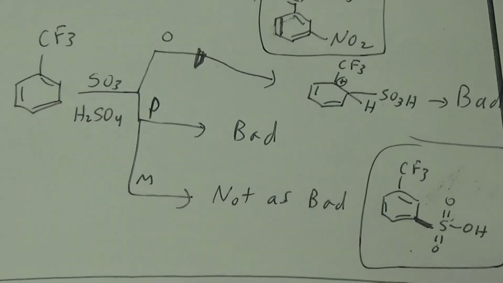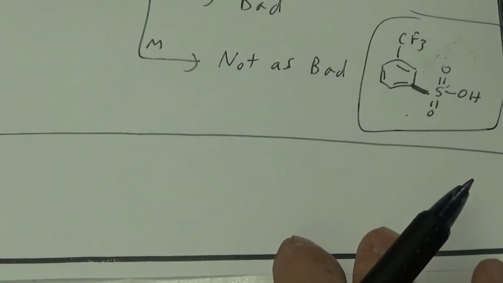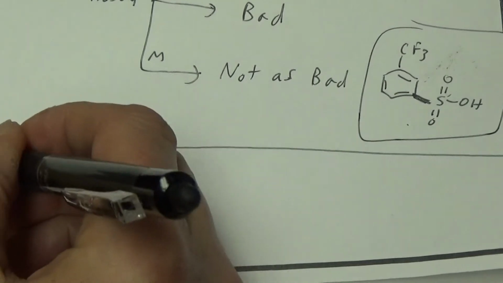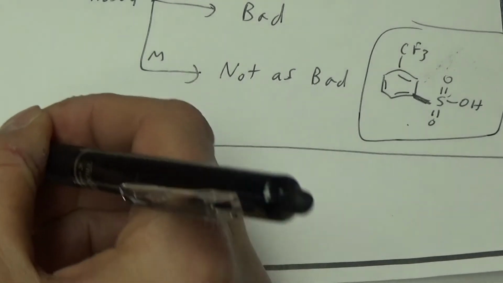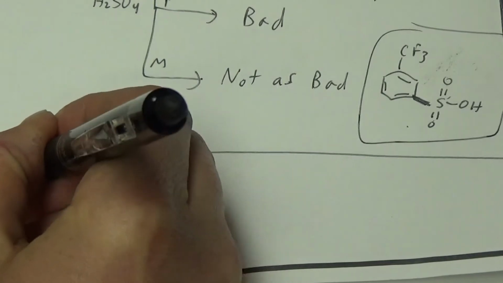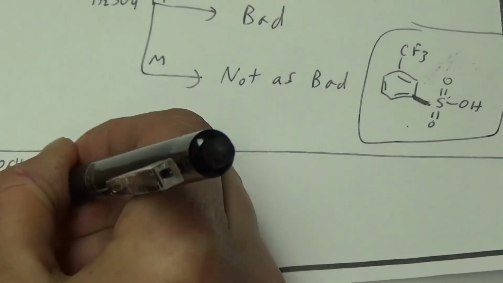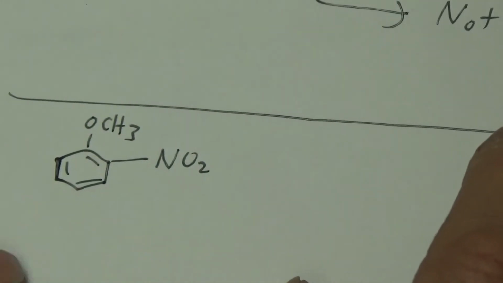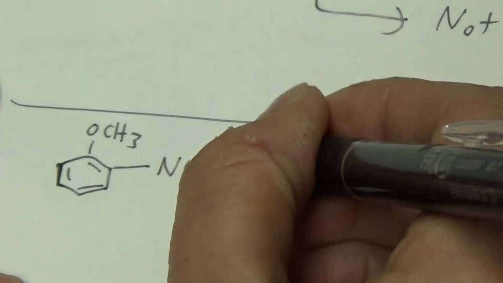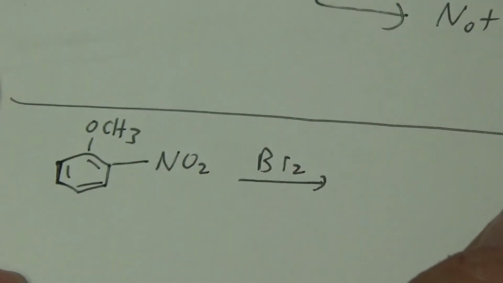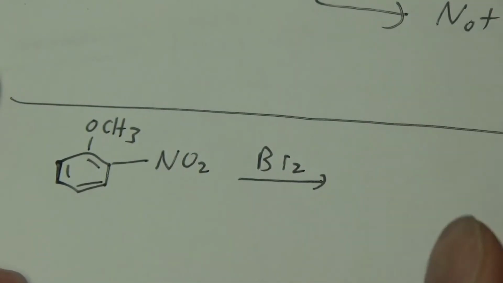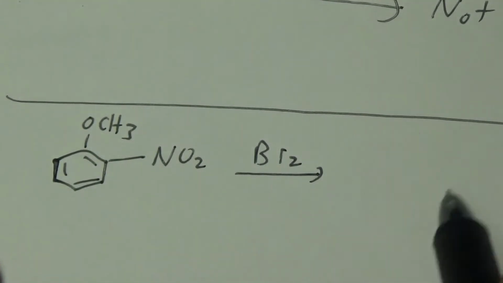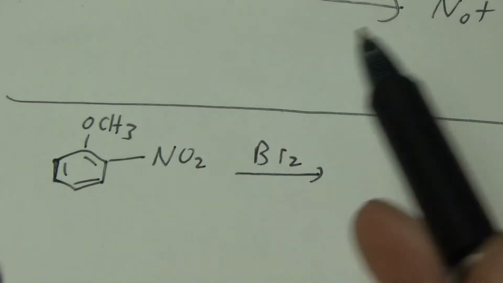Just for fun, let's think about a couple other little situations. What if you have an OCH3 and a nitro group? Whoa, that's going to get kind of weird, right? And we're going to do bromination on it. If you want to know what the product is, how do you even approach this?